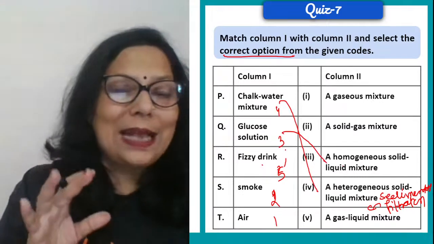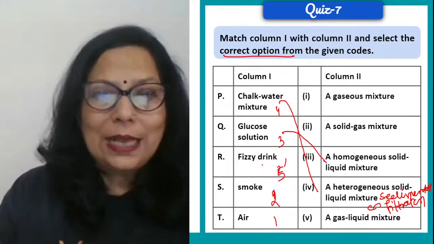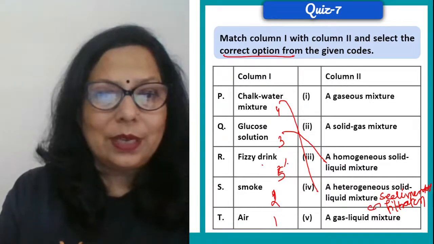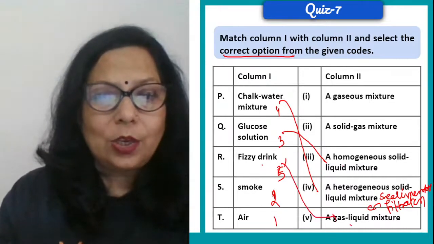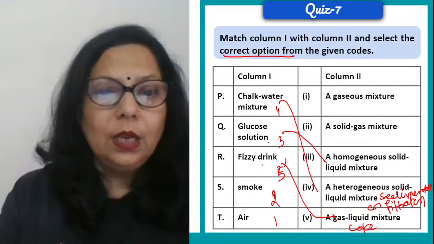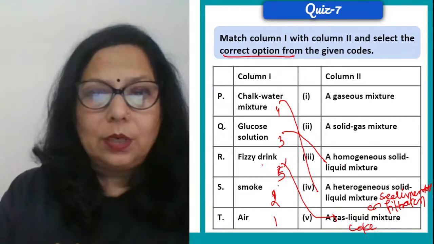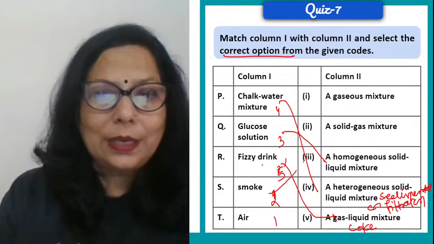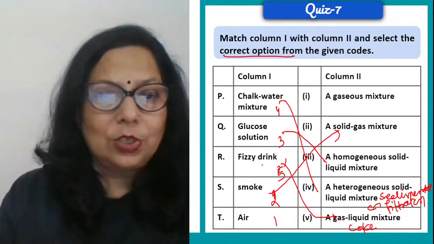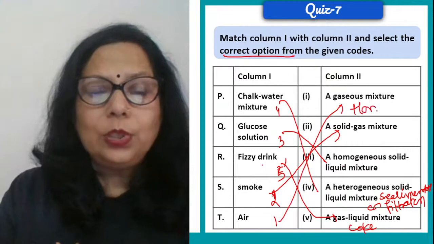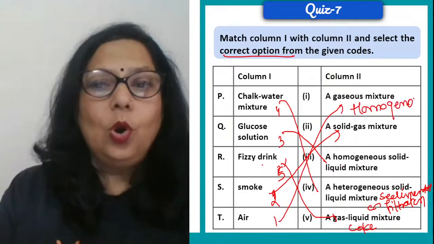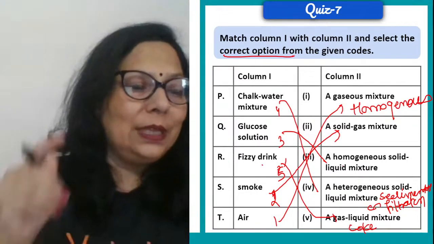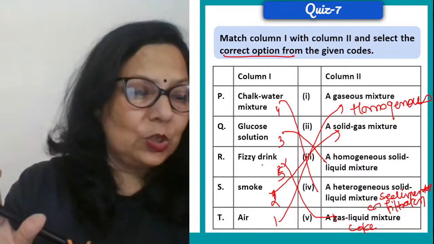Fizzy drink is gas and liquid, like your Coke. Then comes smoke. Smoke is dust particles in air, a solid gas mixture. Air is a gaseous mixture. It's a homogeneous mixture. Remember now, homogeneous is when you don't see the different components of the mixture.